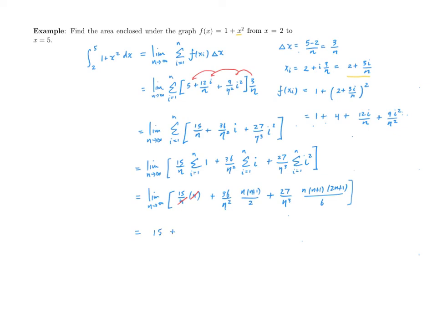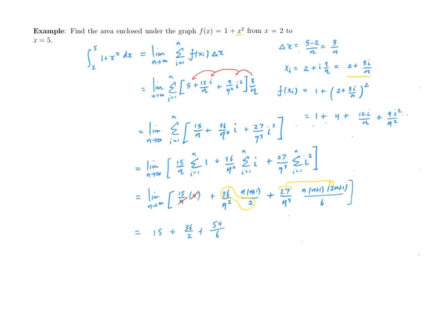In that second term, note the leading coefficient in the top would be 36, and in the bottom it is 2. So 36 over 2, or of course we could write 18. And then in the third term, the leading coefficient in the top has to take into account that 2. So it would be 27 times 2, which is 54, divided by 6.